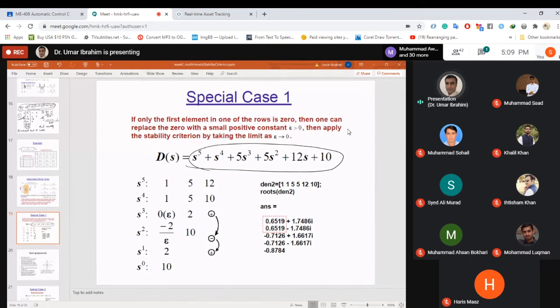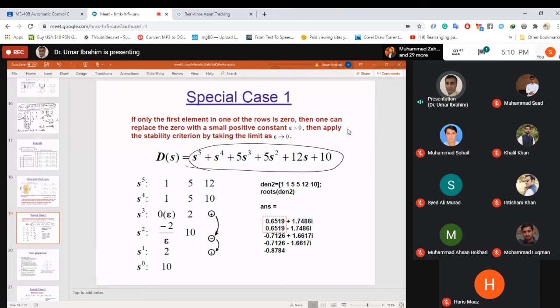But still, using Rouse stability table is advantageous in a way that, for example, if you have fifth degree polynomial, finding the 5 roots of this fifth degree polynomial is not easy task. It's a time consuming task.